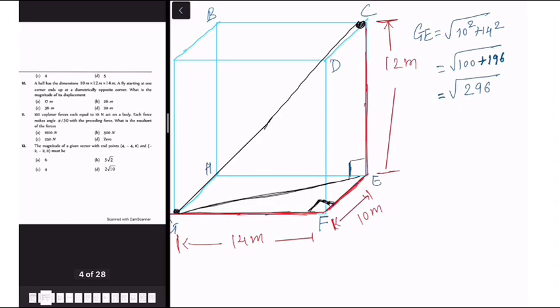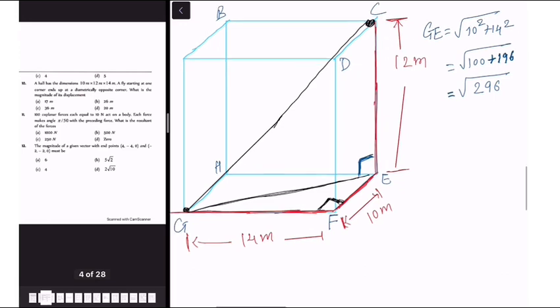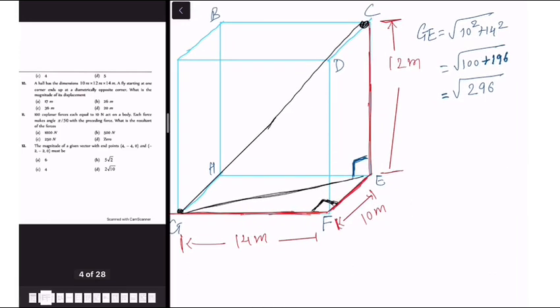This angle is also 90. The angle between GE and EC is also 90. So GC will be the hypotenuse of the right angle triangle GEC. GC is equal to under root GE square plus EC square.